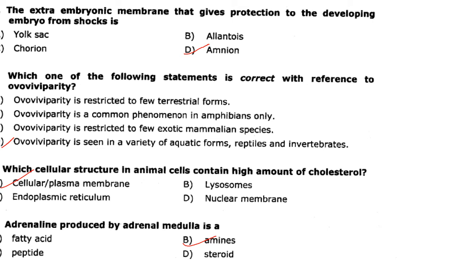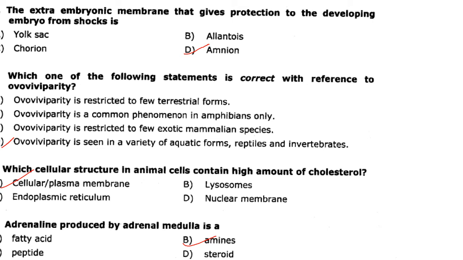So that is the correct statement with reference to ovoviviparity. Option D. Which cellular structure in animal cells contains high amount of cholesterol? So it is present in the cellular or plasma membrane.